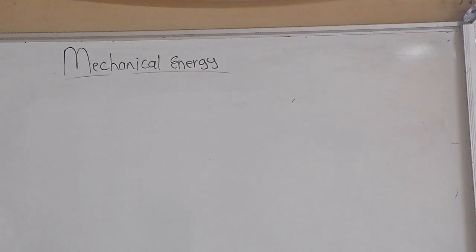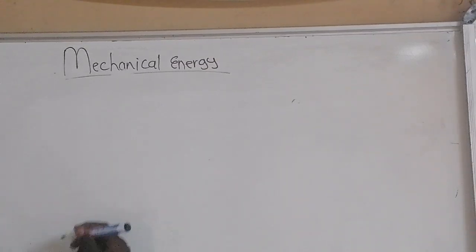That is how you are required to define it. When you talk about the sum, it is the addition of kinetic energy and the potential energy of an object. It is very important for you to know how to define mechanical energy.